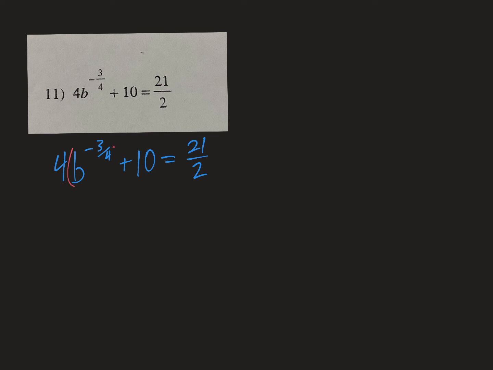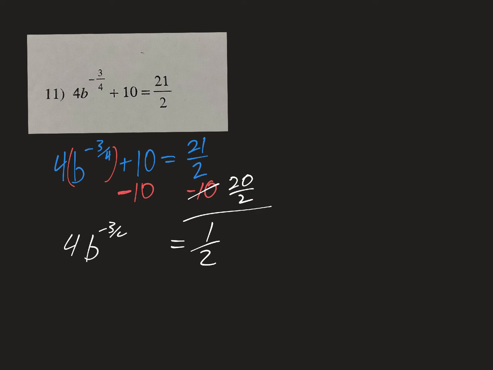So before we get to this b part, we're going to start by moving all the rest of the stuff. So let's start by subtracting 10, okay? Now, guys, you have to get common denominators for this, so please do not forget that 10 is the same as 20 over 2. And I should get 1/2 is equal to 4b to the negative 3 over 4.